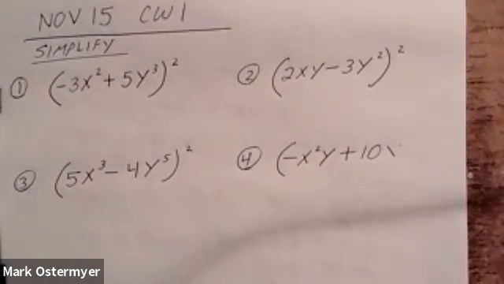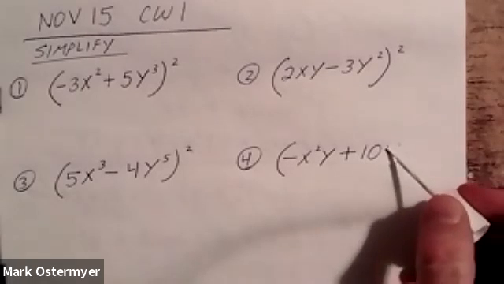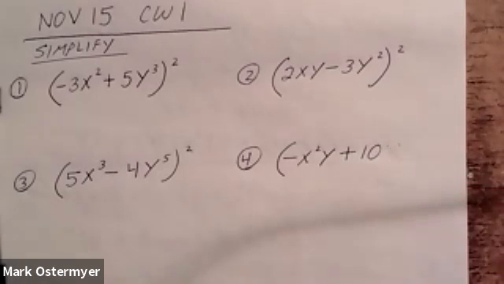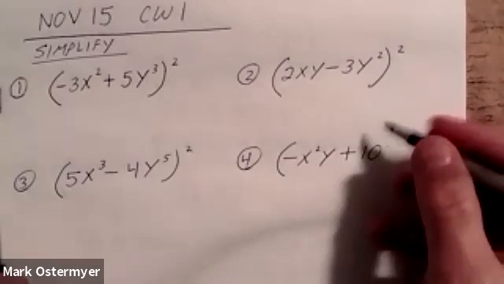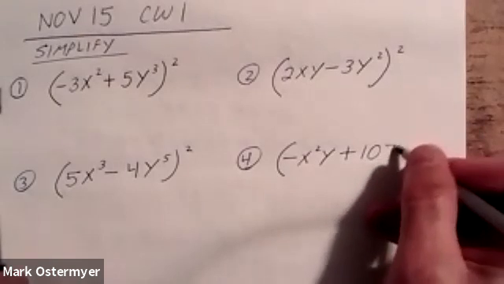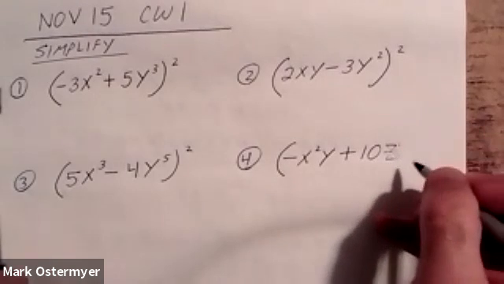Tell you what, let's use a different variable here in the end. Let's put a variable like z in here or something. Let's just try something more interesting here. So we'll put the variable z in here.